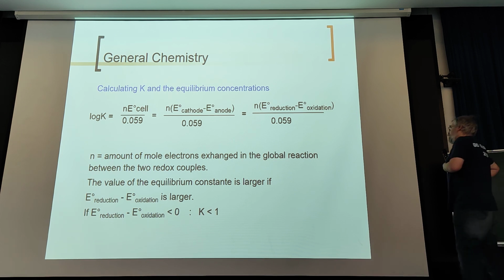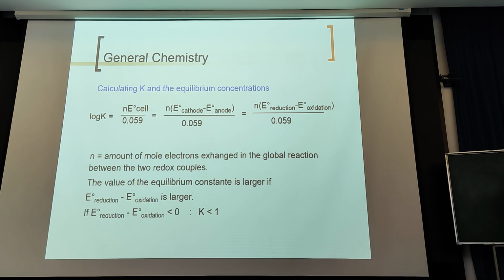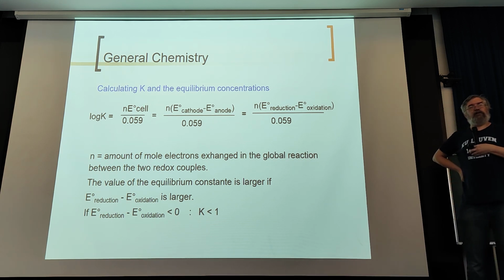So the value of the equilibrium constant for a reaction that is spontaneous, we expect it to be positive. And that means the potential at the cathode should be larger than the potential at the anode. That's for instance what we see in the case of copper and zinc. One is 0.34, the other one is negative, so it's certainly smaller.